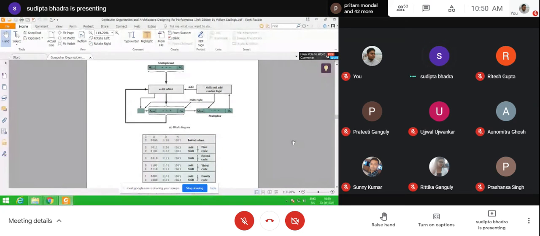Here you see that we store the multiplicand in the M register, and the multiplier in the Q register. There is another register, A, and a single-bit register, C.